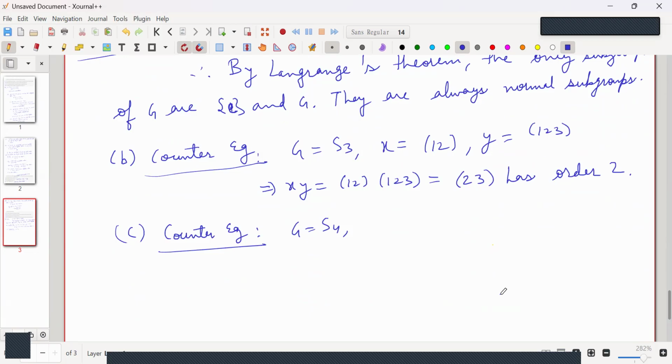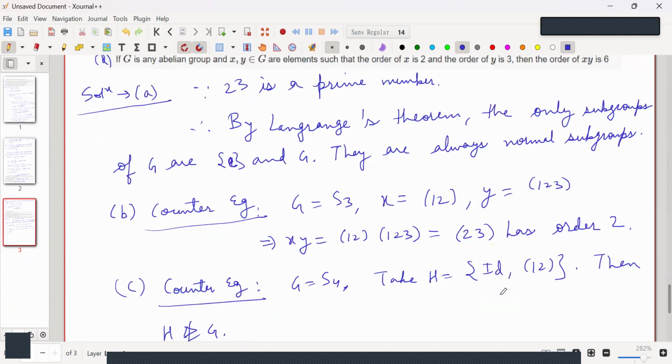So G equal to S4, and take H to be the group generated by (1 2), that is, the identity and (1 2). Then H is not normal in G.